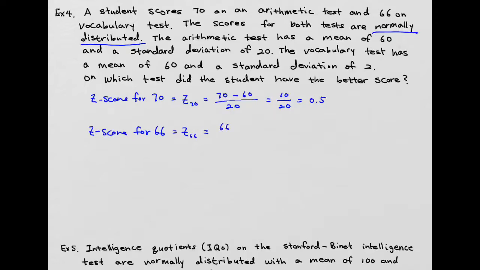That's going to be 66 minus your mean, which is again 60, over the standard deviation. The mean was 60 and the standard deviation is 2, right? And this gives you 6 over 2, which is 3. So comparing these two, 0.5 and 3, you can see that the student did much better on the vocabulary test, because you have 3 standard deviations above the mean, right? This is 0.5 standard deviations above the mean.